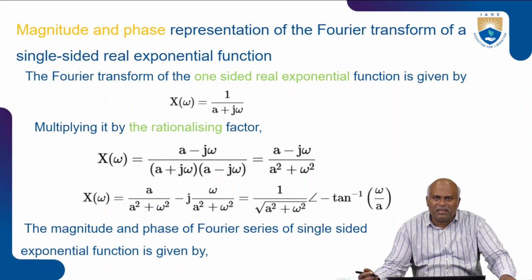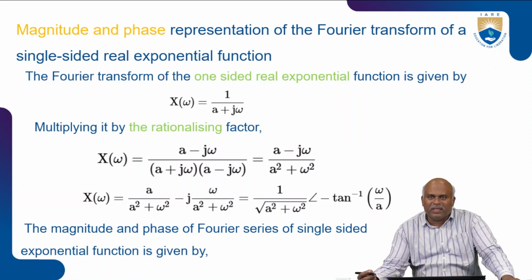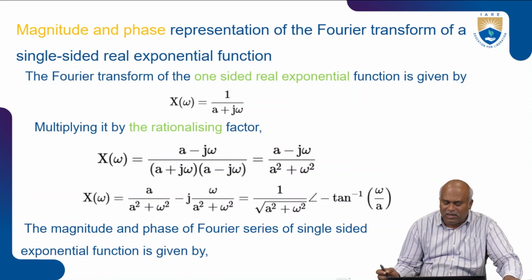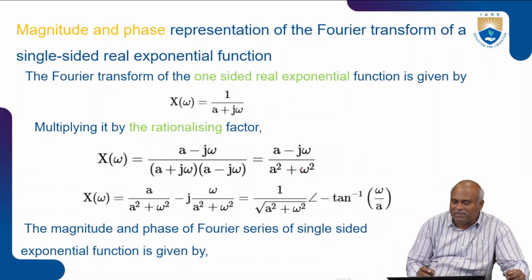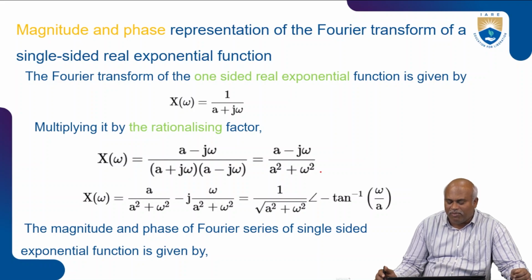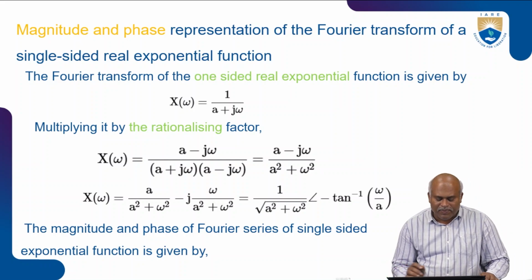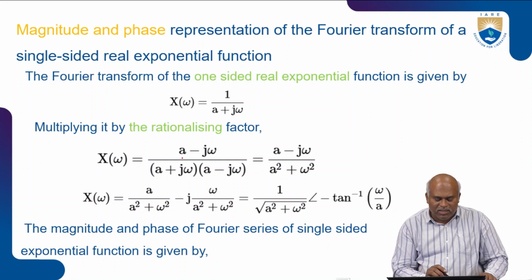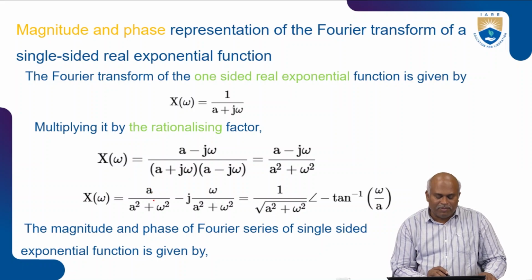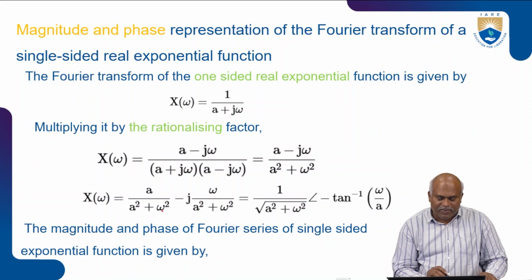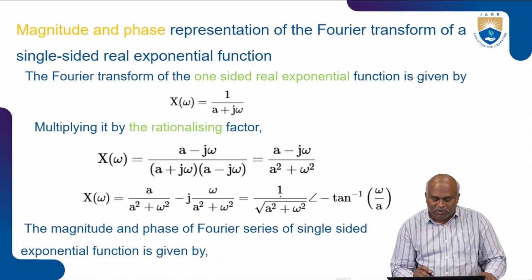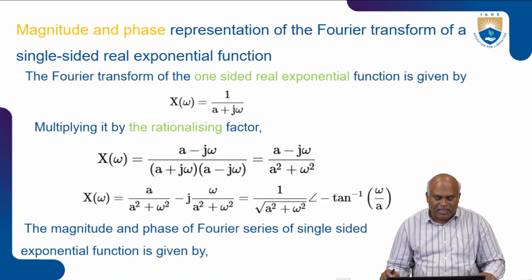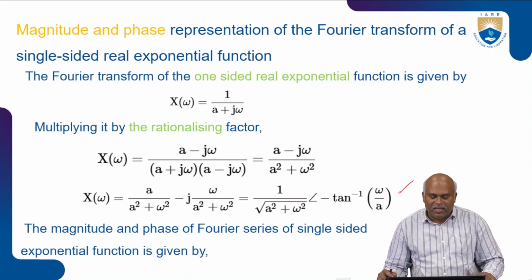Now we multiply by the conjugate factor, a minus j omega and a plus j omega, in both numerator and denominator. So X of omega equals a divided by a square plus omega square, minus j omega divided by a square plus omega square. This equals 1 by root of a square plus omega square, angle of minus tan inverse of omega divided by a. This is represented as the magnitude as well as the phase spectrum.